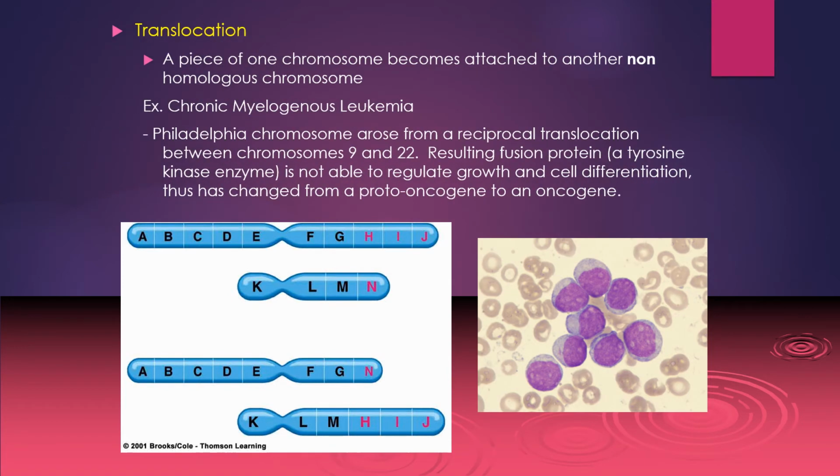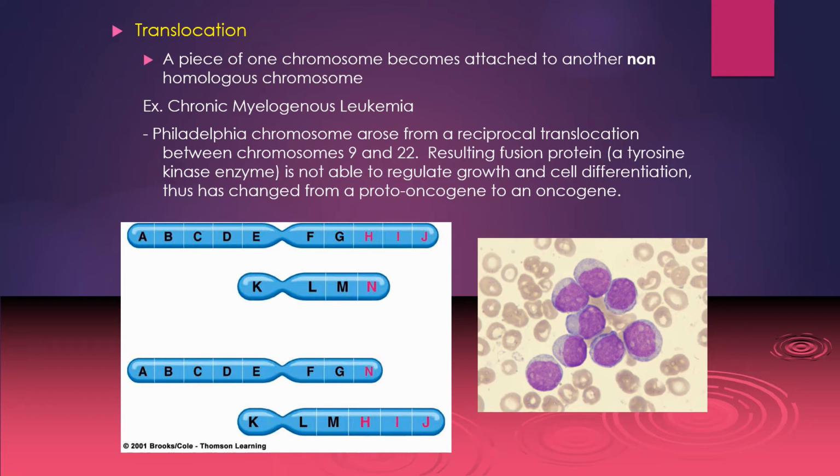Also, we can see translocations. And translocation is a little bit different. We are losing some of that information off one chromosome, but it's attached to another chromosome. So a translocation doesn't usually involve the actual loss of any genetic information.